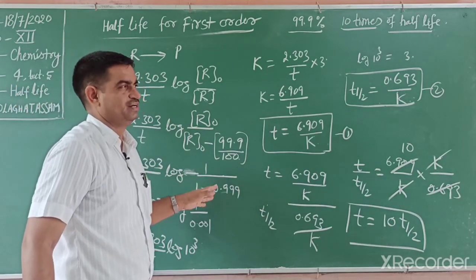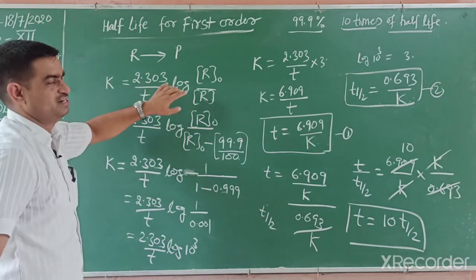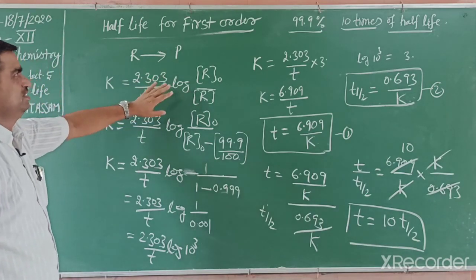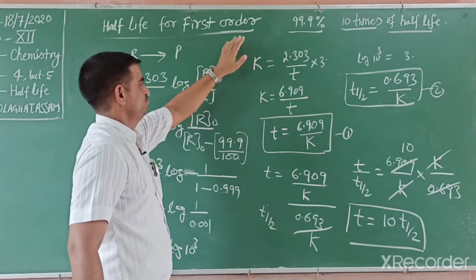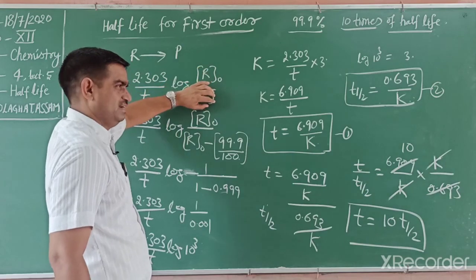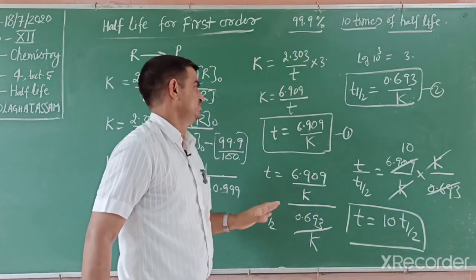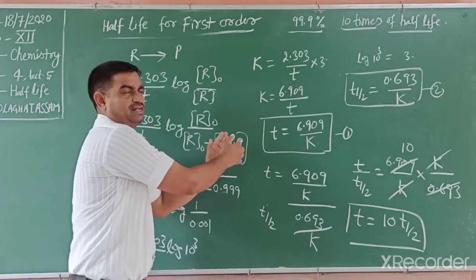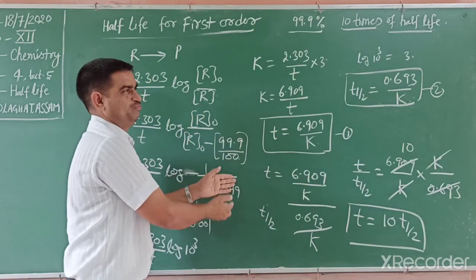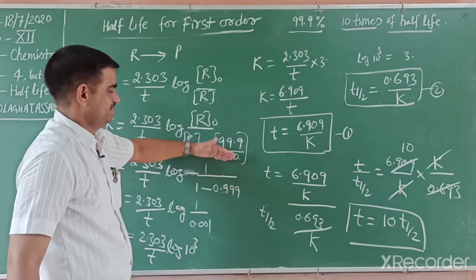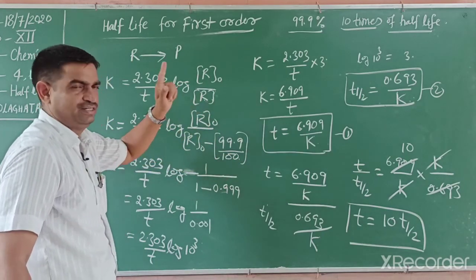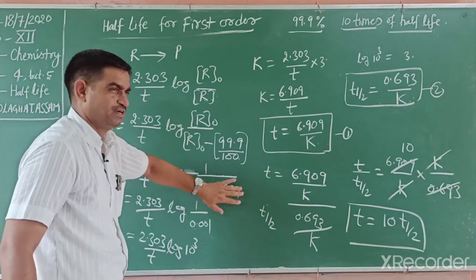Students, go through this numerical, it is very easy. First you write the first order equation and then substitute, because we need only the initial and final concentration of the reactant. And 99.9% consumed means initial minus 99.9%. When we remove percent, we divide by 100. So if the initial concentration is 1 mole, then you solve further.